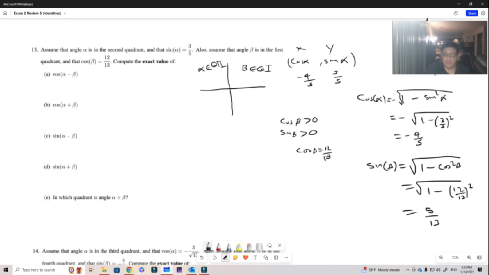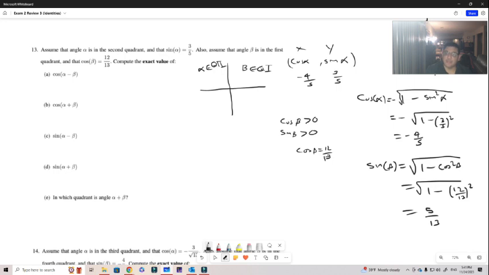Since we have the sine of alpha, we need the cosine of alpha. And since we have the cosine of beta, we need the sine of beta. So using these identities, we find the other value, using the information of in what quadrant they are. First quadrant, they're both positive, x and y. Second quadrant, y is positive but x is negative.